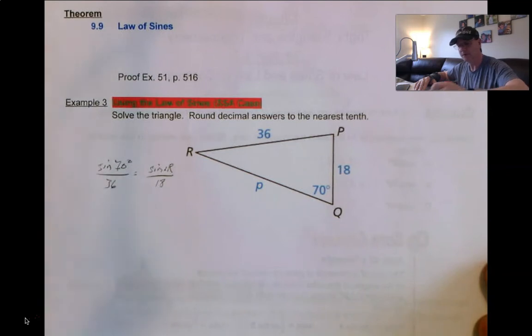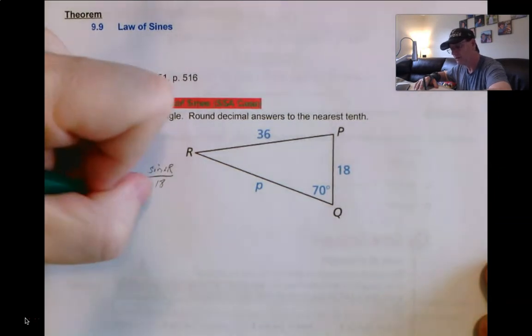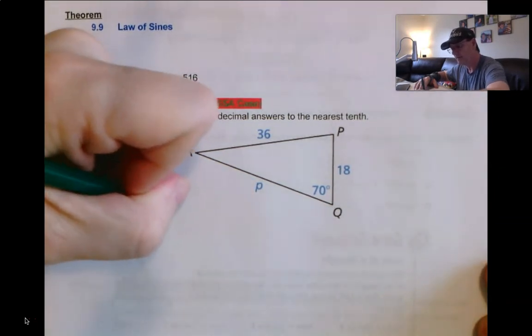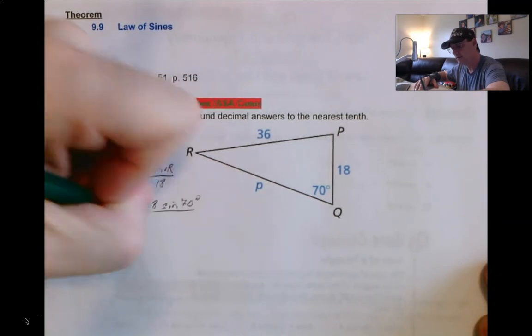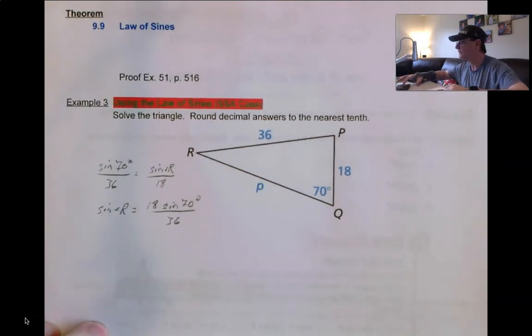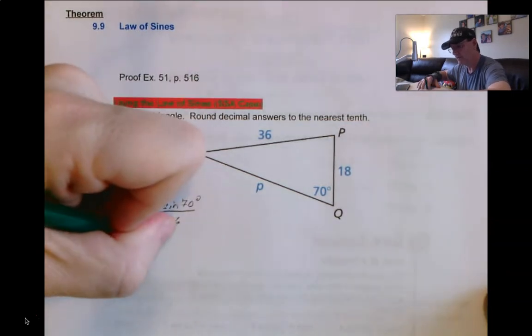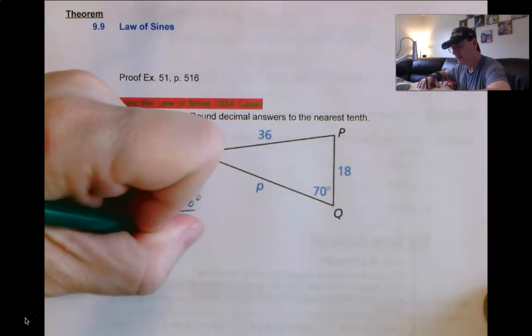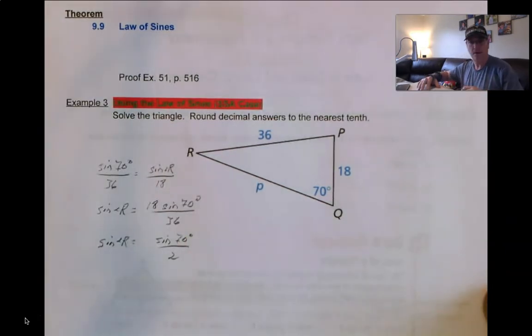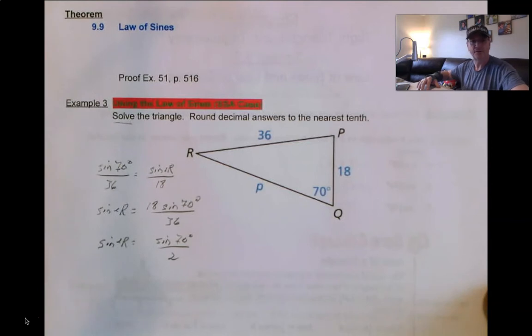Okay, a little cross multiplying. Sine angle R equals 18 sine 70 degrees over 36. 18 and 36 reduce. Sine angle R equals sine 70 degrees over 2. Okay, I don't want to know sine of angle R, I want to know angle R. Let me back up here. This word solve, solve the triangle.